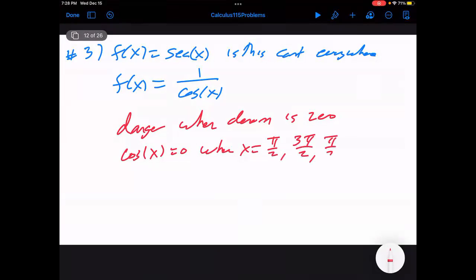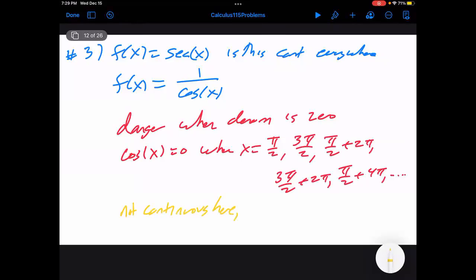And then pi over 2 plus 2 pi, 3 pi over 2 plus 2 pi, pi over 2 plus 4 pi, and so on. So these are all the points where it's not continuous, and continuous elsewhere.